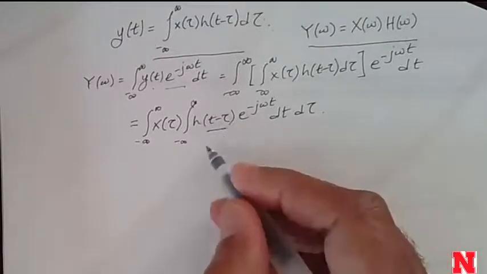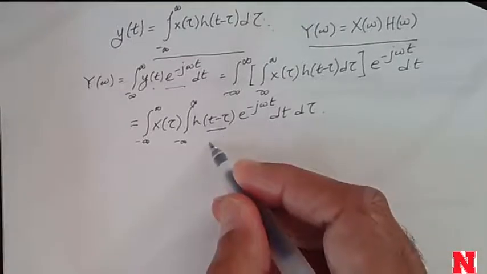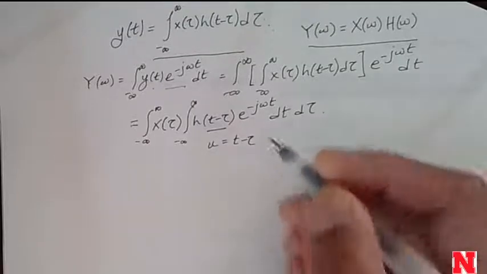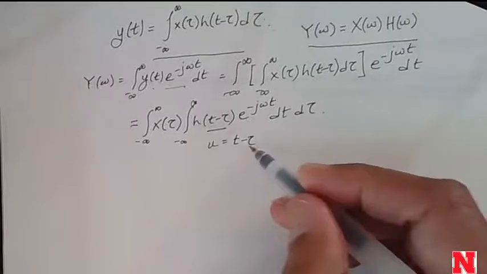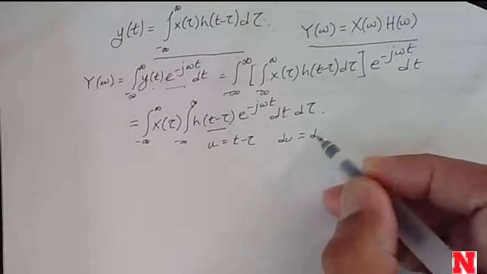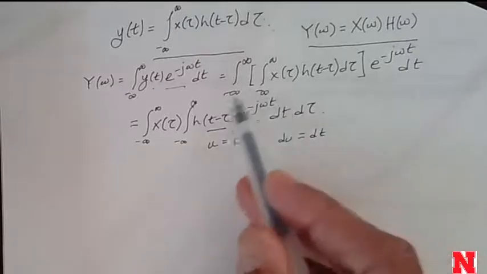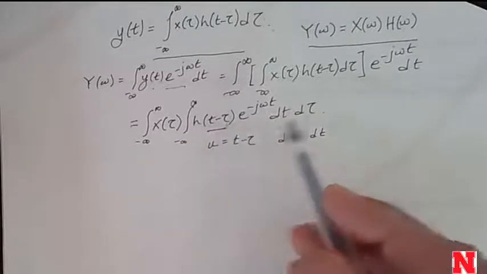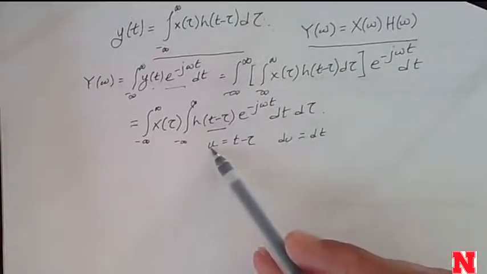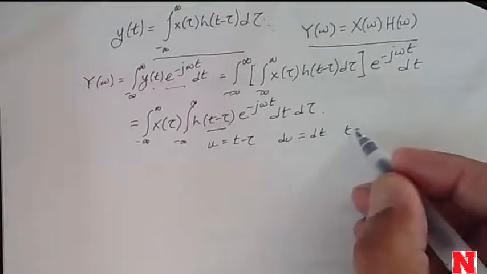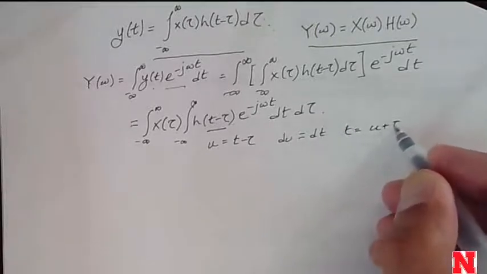We define a variable, let's say u, to be equal to t minus tau. If I take the differential of both sides, du is equal to dt, because as far as this integral is concerned, tau is a constant. So when I take the differential, that term goes to 0 and I get du equal to dt. And of course, t will be equal to u plus tau.